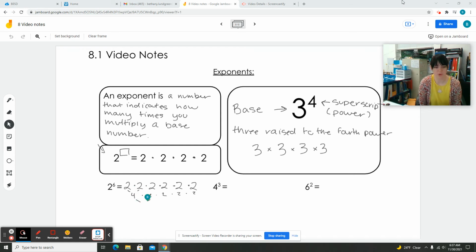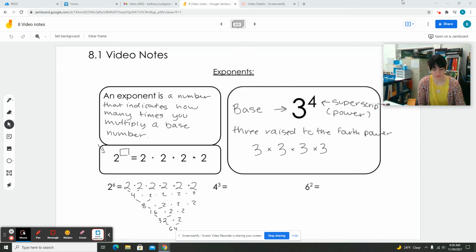We're going to multiply these two together. 4 times 2 is 8. So then it's 8 times 2 times 2 times 2. Then 8 times 2 is 16. Okay. And 16 times 2 times 2. And then 16 times 2. 16 times 2 is 32. And then we have one more 2. So then what we have here is the answer to this is 64. So 2 to the 6th power is 64.